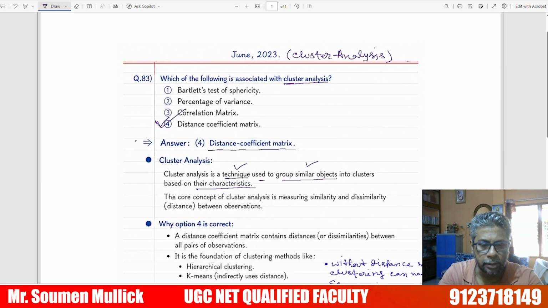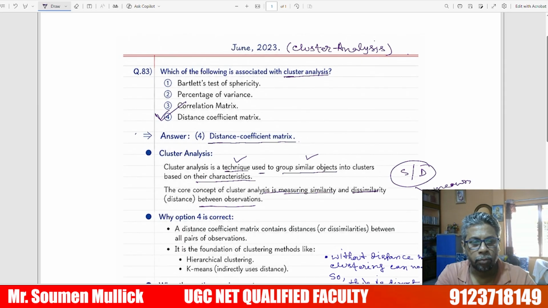The core concept of cluster analysis is measuring similarity and dissimilarity. Similarity and dissimilarity mean distance between the observations.